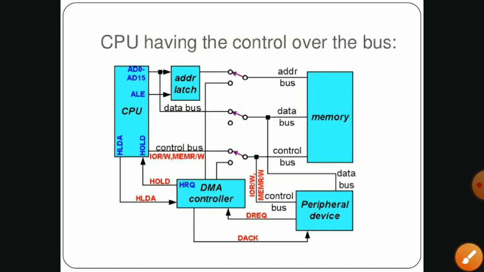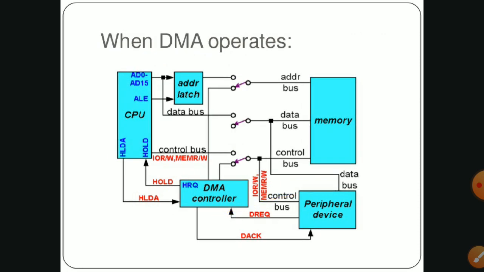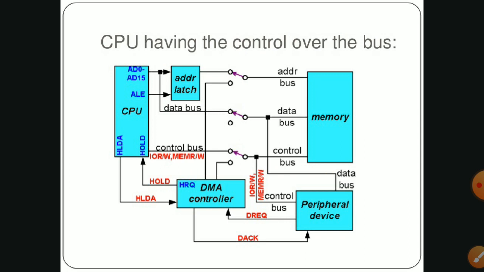Whenever the bus is under the hands of the processor, there is no DMA operation. Whenever the bus is under the hands of the DMA controller device, then we can say that a DMA operation is in progress. That is the meaning of these two images.